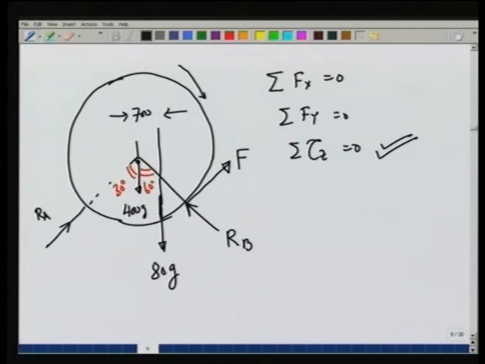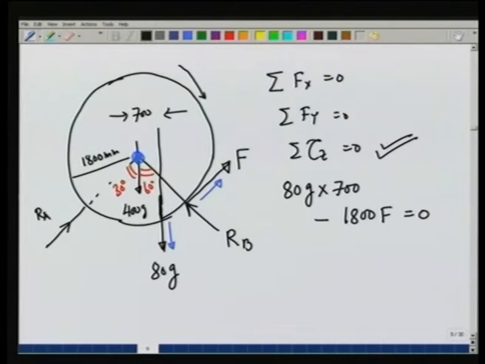For this, let us take the center of the drum as our point about which we take the torque. In that case, the only torques that will be coming into picture would be torque due to this weight and torque due to F. If we do that, we will find that torque equal to 0 gives us 80 g times 700 minus 1800, which is the radius, times F is equal to 0.